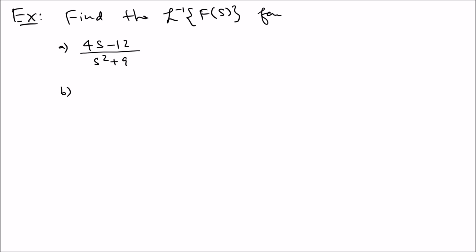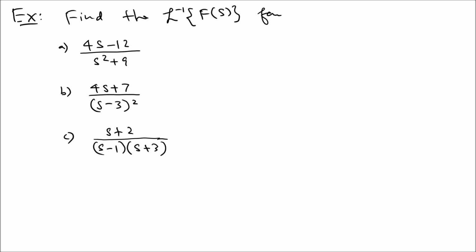and then b, so let's do 4s plus 7 over s minus 3 squared, and then we're going to do c, s plus 2 over s minus 1, s plus 3, and then d, we can try s squared minus s plus 4 over s plus 1, s minus 2, s minus 3.